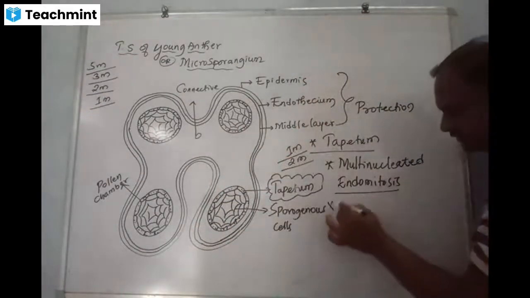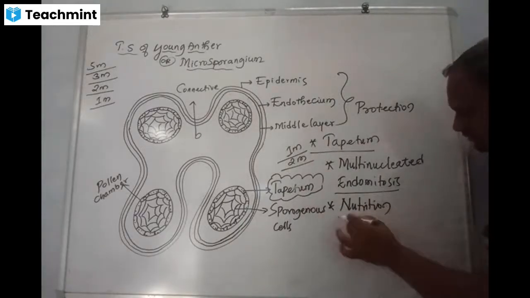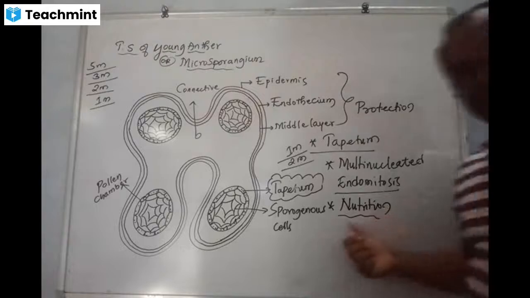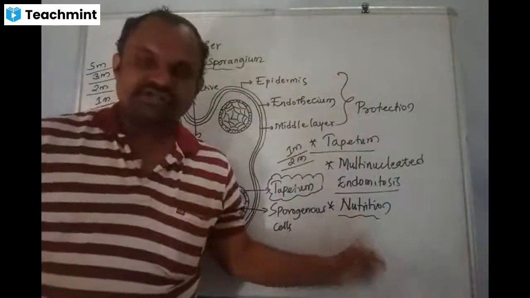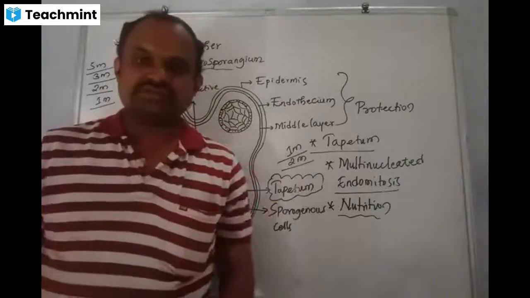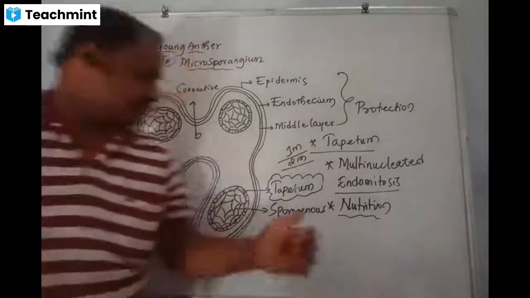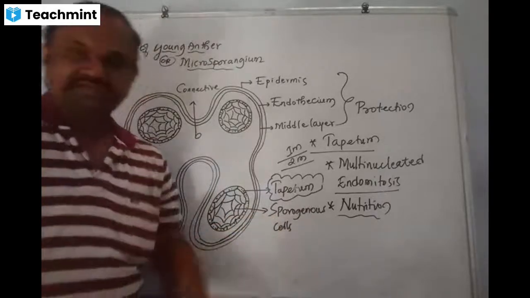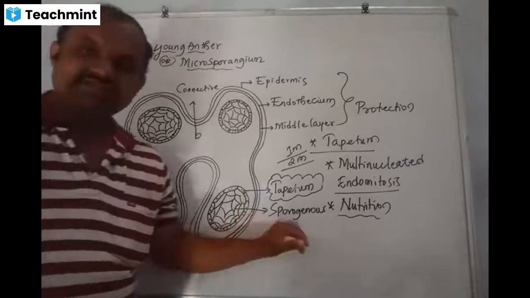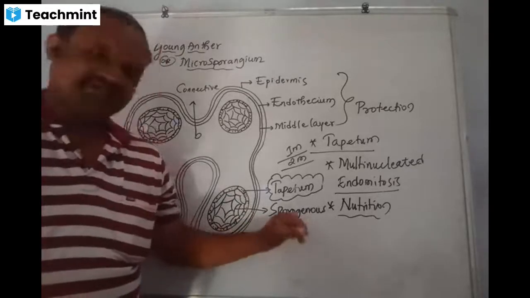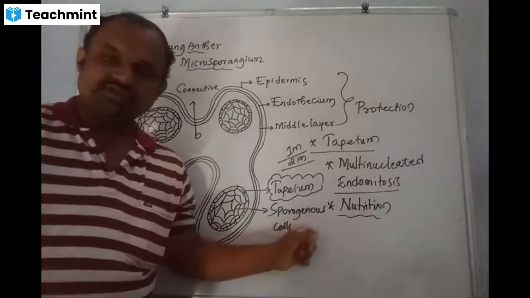And the other function is nutrition. So the tapetum cell provides nutrition. The meaning of nutrition: the tapetum cells provide reserve food material to the developing sporogenous cells. Inside the tapetum, homogeneous cells are there. The homogeneous cells present inside the pollen chamber are called the sporogenous tissue.